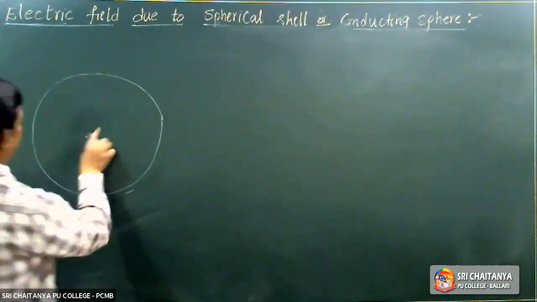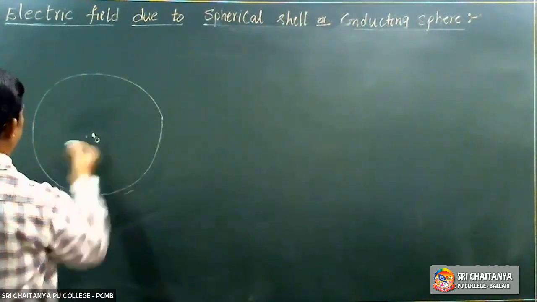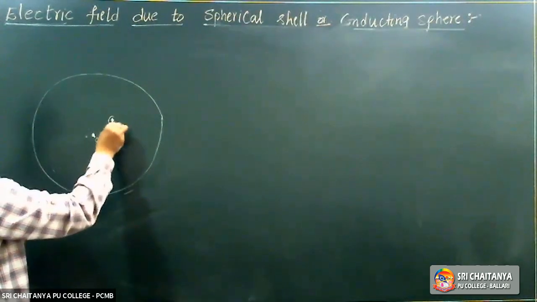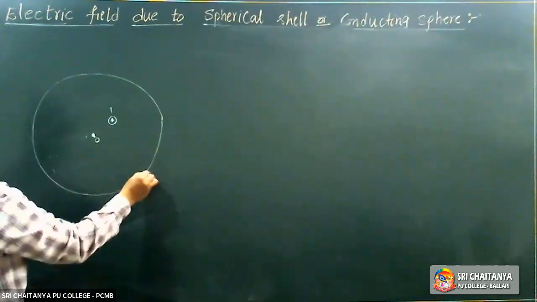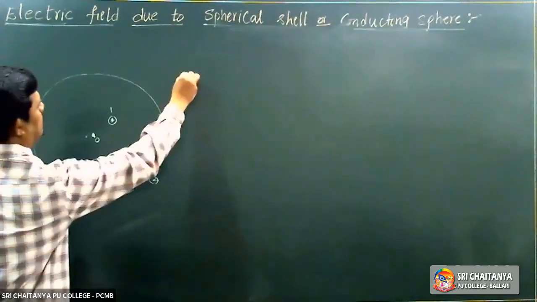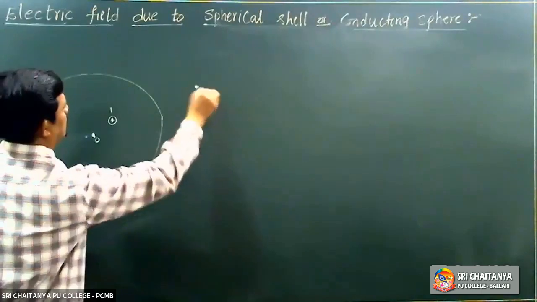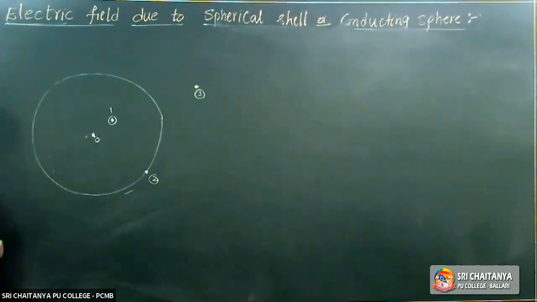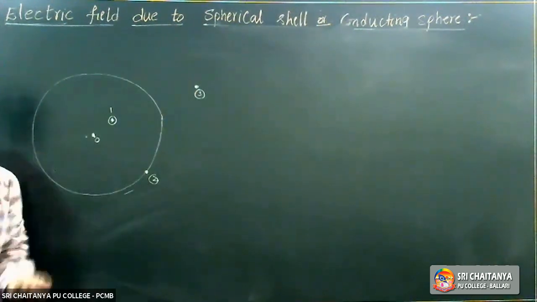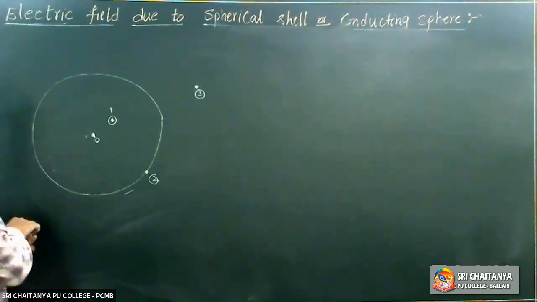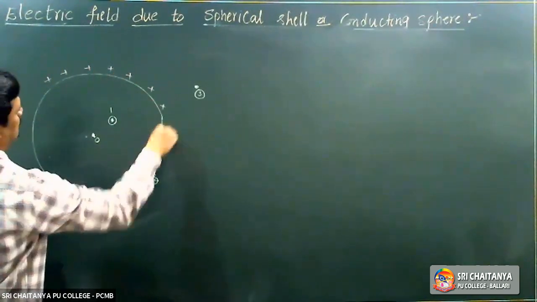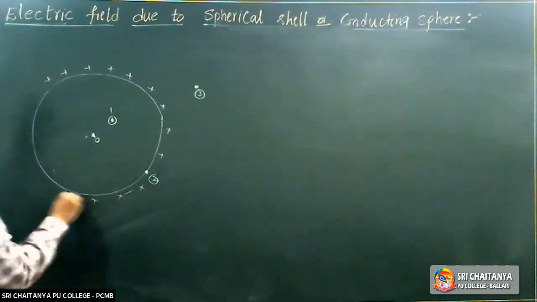Center O. I'm taking 3 points. This is 1 point, this is another point, and this is another point. Point 1 is inside, point 2 is on the surface, point 3 is outside. Whatever charge is given, the charge is on the surface.